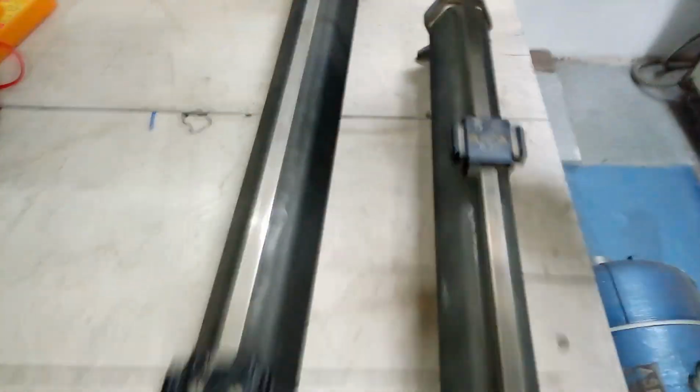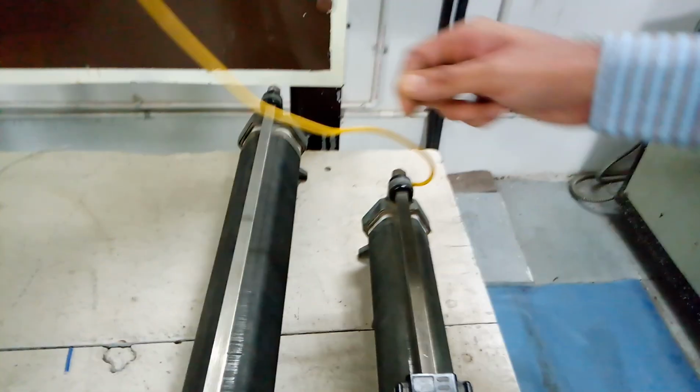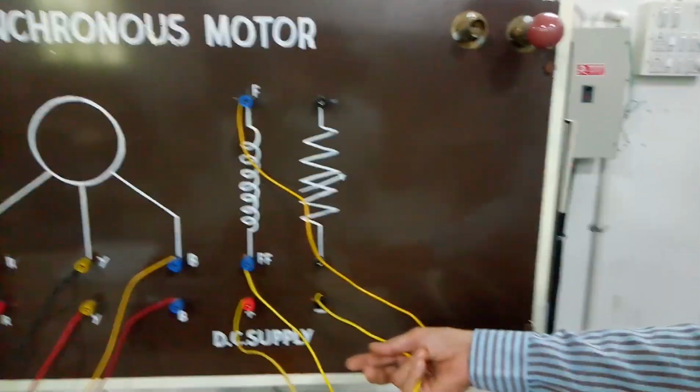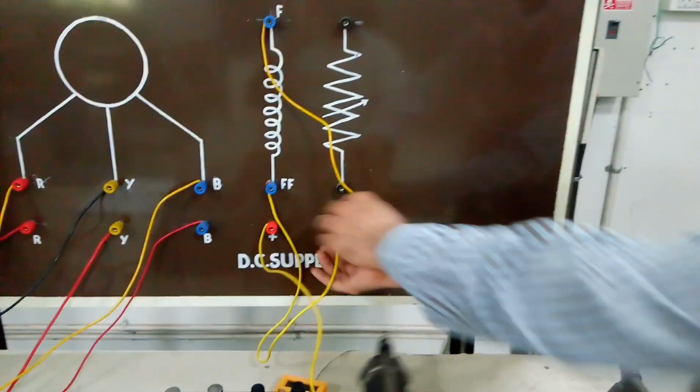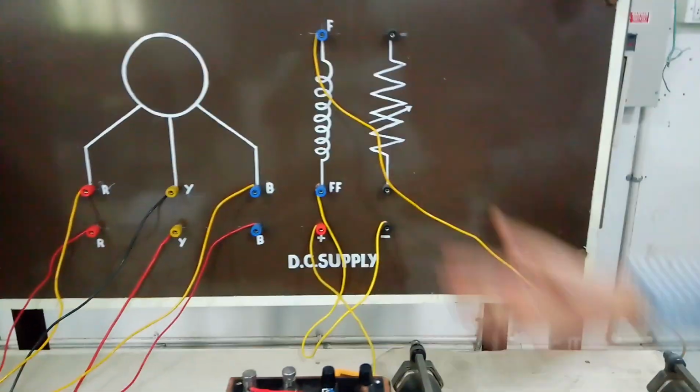From there we have a rheostat to control the excitation, and from the second terminal of this rheostat we go to F, and from FF it is negative. So this is the connection for the field side.